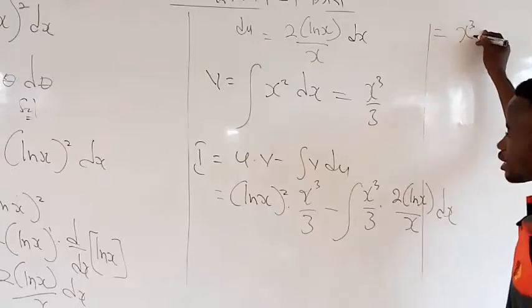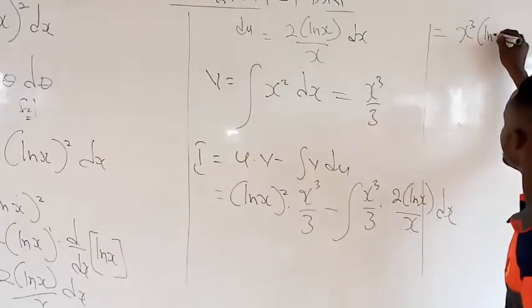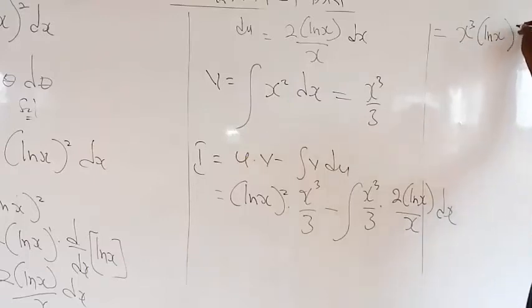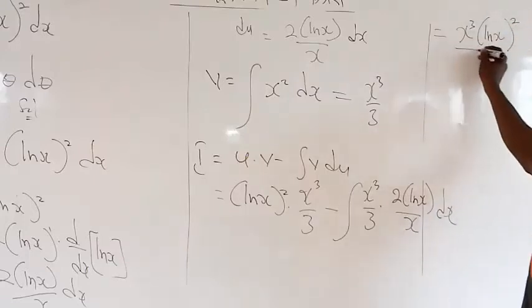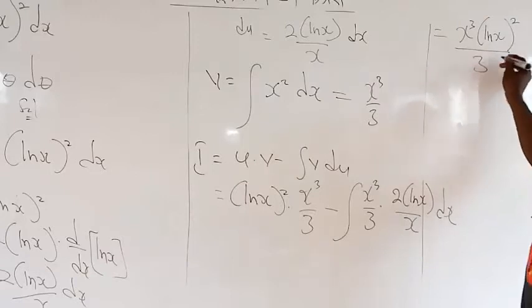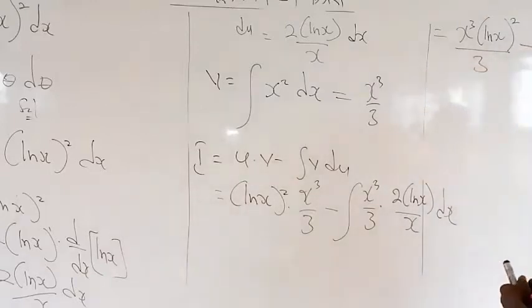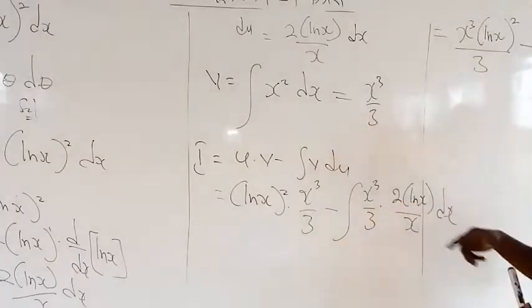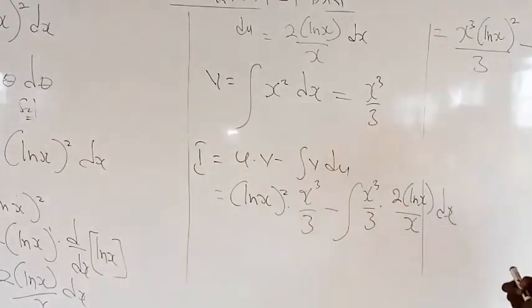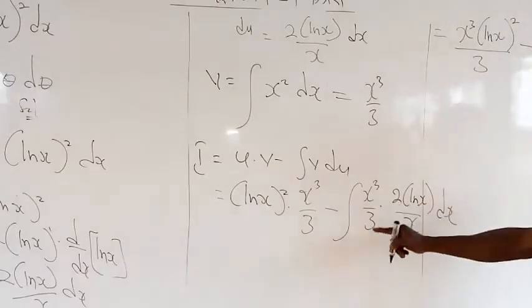So our integral, our final result is going to be s to the power 3 ln s all squared, all this over 3 minus, don't forget that this cancels this, and the constant we have here is 2 over 3. That's the constant we have here.